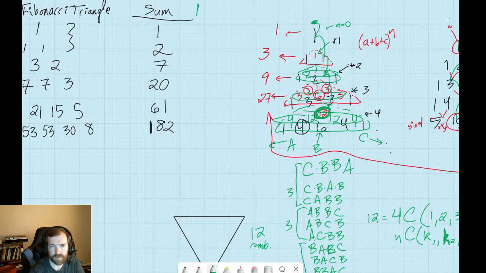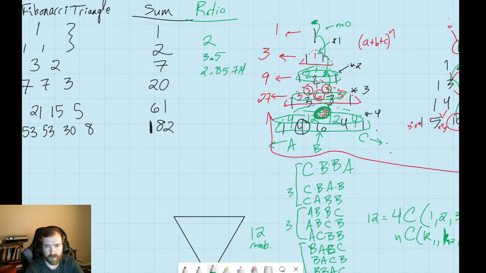So the ratio of the sums is going to be 2 to 1 is 2. 7 to 2 is 3.5. 20 to 7 is less than 3. 2.85. 714.